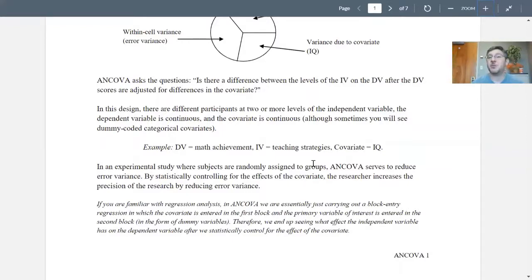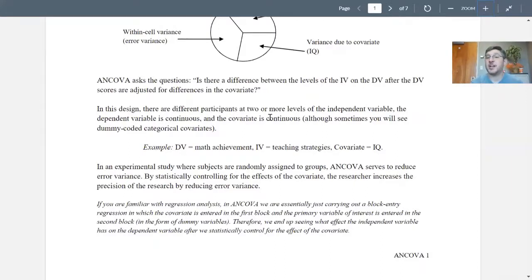Notice here that we want our covariate to be related with our outcome. And if we have multiple covariates, we don't want them to be related among each other. We also want to see low correlations between our covariate and our independent variables.